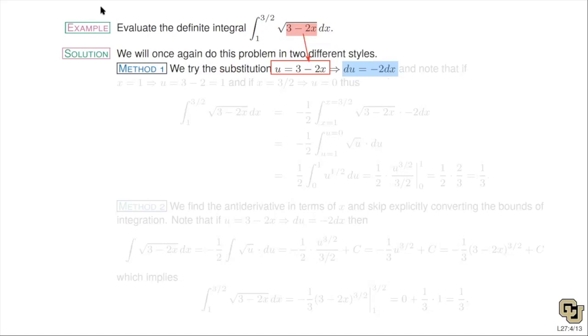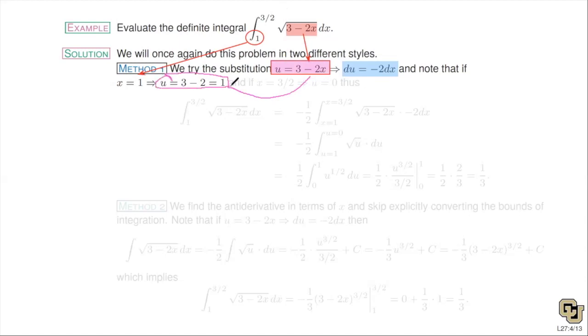The other thing I want to do is, because this integral has bounds, I want to convert the bounds. So specifically, when x is equal to 1, I use the substitution u equals 3 minus 2x and plug in 1 for x to solve for the new bound.